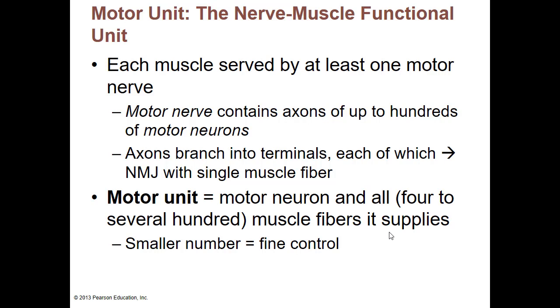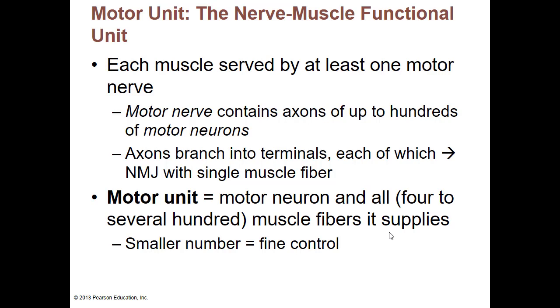Now, as the axons on those neurons go to the end, they will start to branch, and they have axon terminals at the end where they're going to control the muscle at the neuromuscular junction, which is what we talked about on Tuesday.